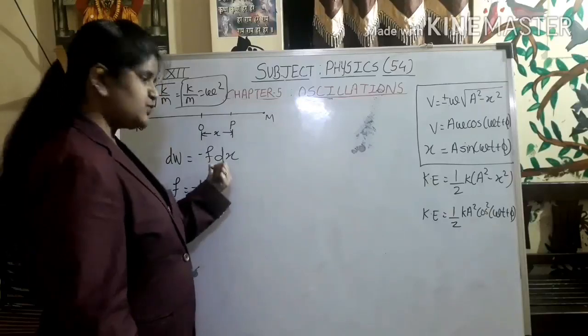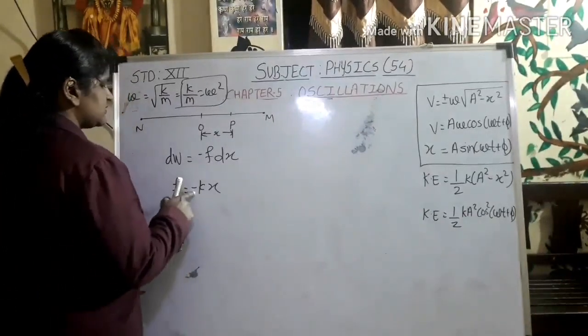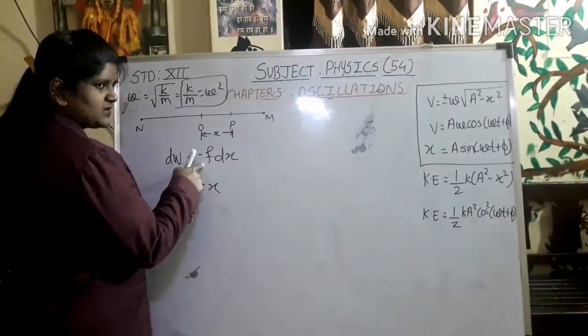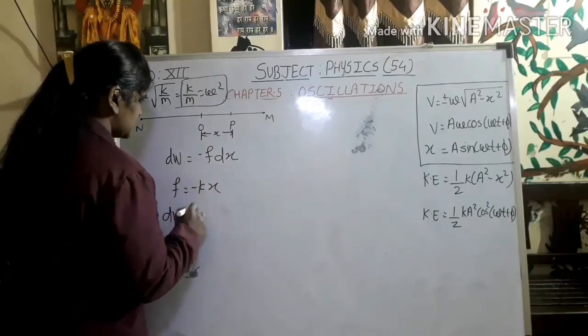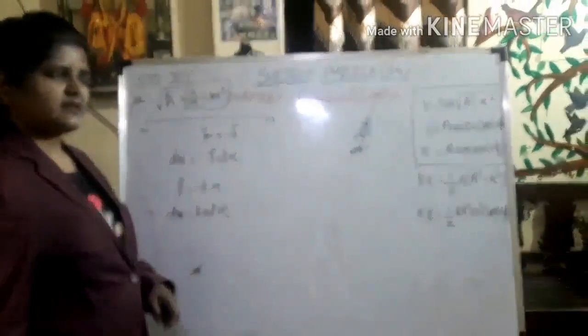So we are going to use it here. So dw is equal to, this is minus and this is also minus, so it becomes plus: k x dx. So I have got dw is equal to kx dx.